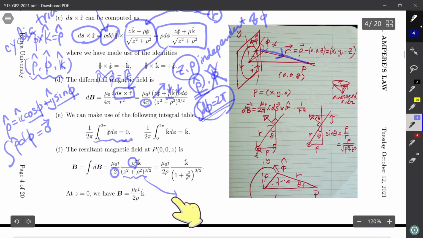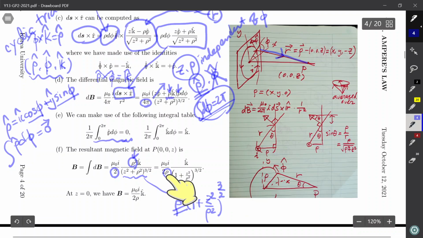We can rewrite rho cubed times 1 plus z squared over rho squared to the 3/2. The rho squared in the numerator cancels against the rho cubed, and we end up with rho in the denominator, and an additional factor here.